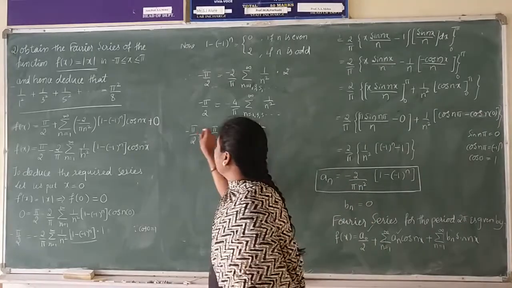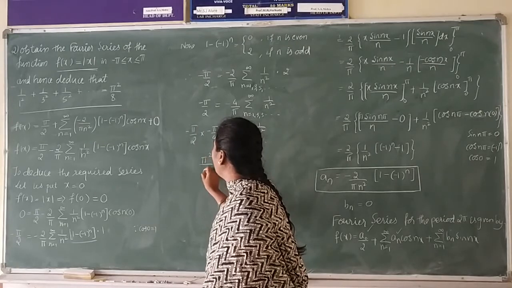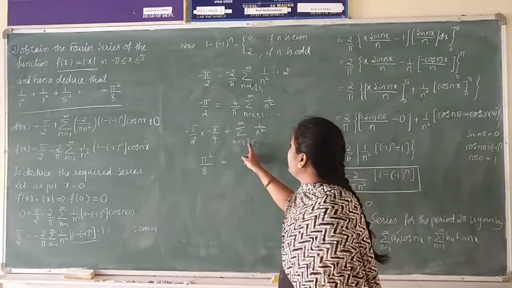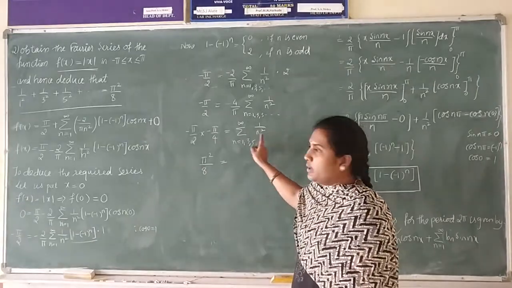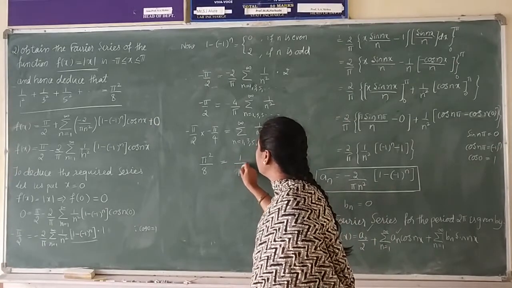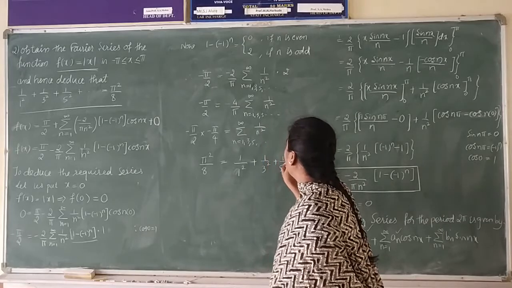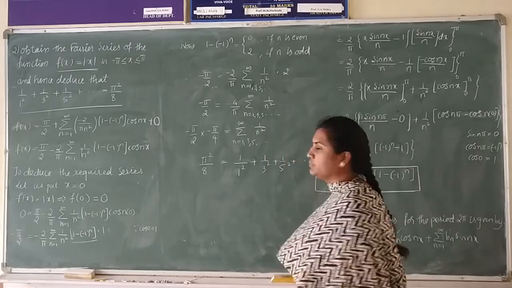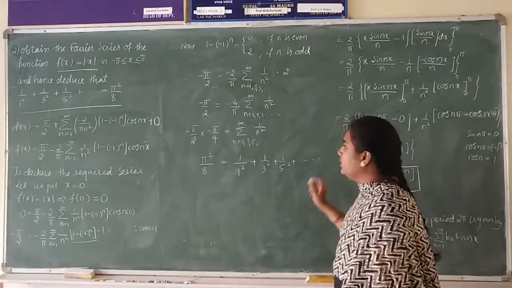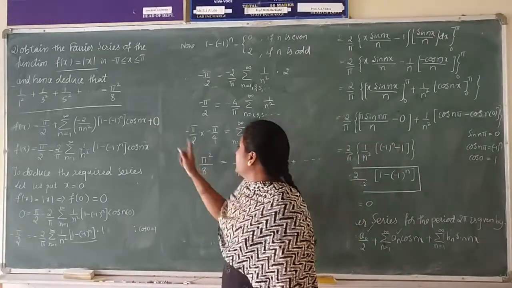Now here minus into minus becomes plus, pi into pi square upon 2 into 4, it is 8, which is equal to, substituting for n the odd numbers 1, 3, 5 and so on, 1 upon 1 square plus 1 upon 3 square plus 1 upon 5 square plus and so on. This is nothing but our required series. This is what they are asking.